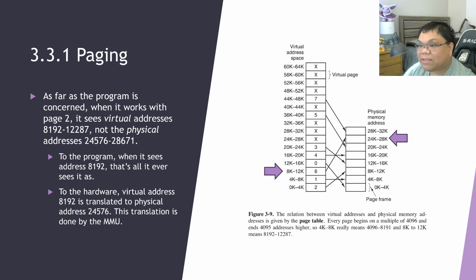As far as the program is concerned, when it works with page 2, it sees the virtual addresses 8192 to 12287, not the physical addresses 24576 to 28671. To the program, when it sees address 8192, it only ever sees it as address 8192. To the hardware, however, when the program says address 8192, that is translated by the MMU to physical address 24576.